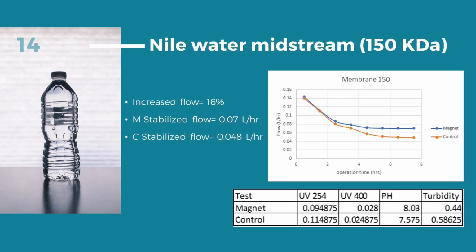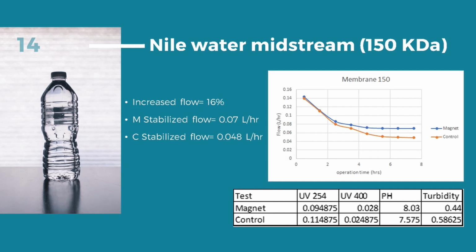This is our first run using the 150 kilodalton membrane with the Nile water at midstream. As you can see, we obtained a sample at each hour for a total of 8 samples.